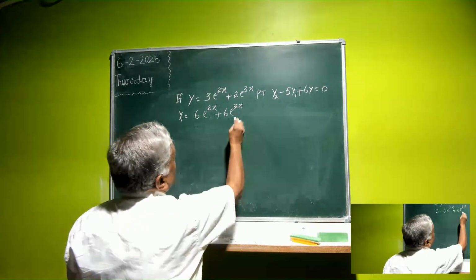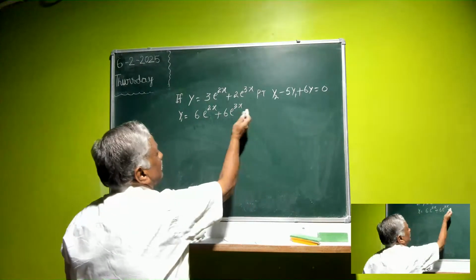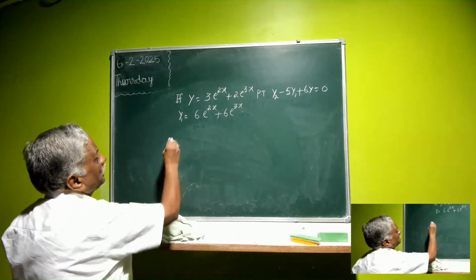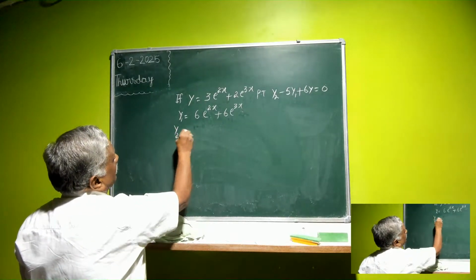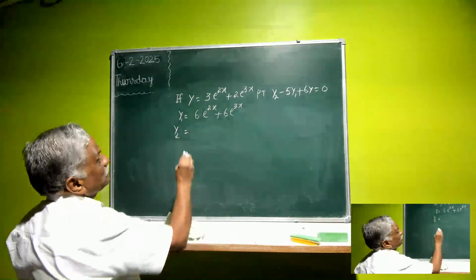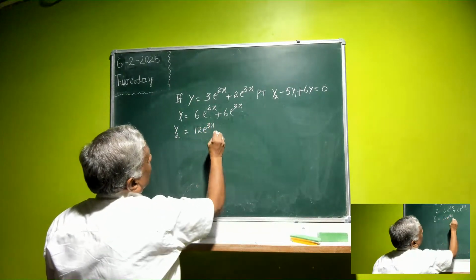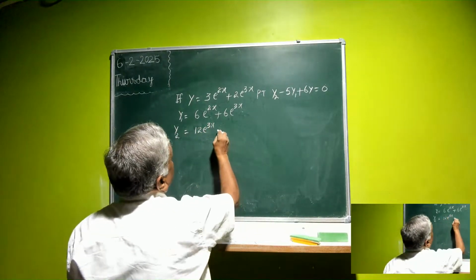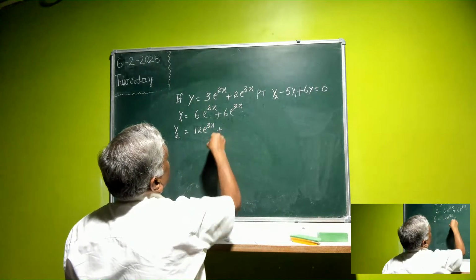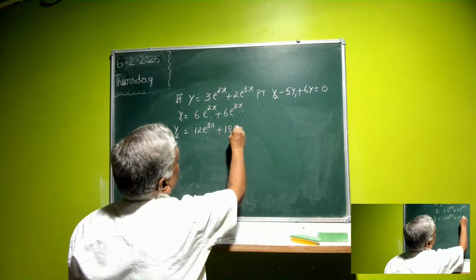So let us keep it as it is. We'll go for y2. What is y2? This becomes 12e^(2x), and this becomes 18e^(3x).